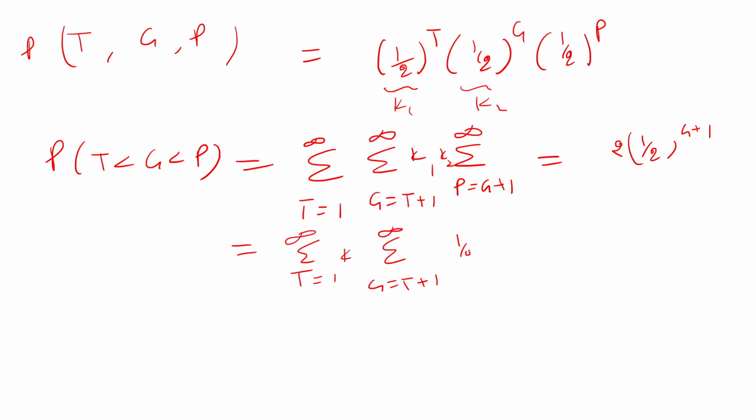The first term is half to the power g, and the second term is also half to the power g, because 1 by 2 to the power g into 1 by 2 to the power g. So this is fine, we are done. This is 1 by 4 to the power g, so I will just write 1 by 4^g.